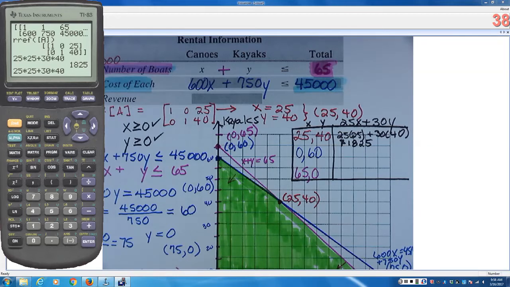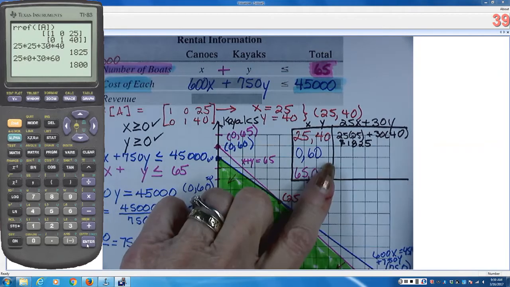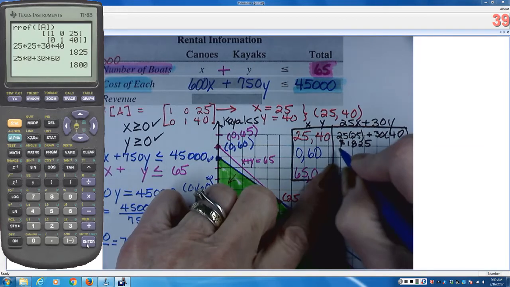If I use the point (0, 60), I have 25 times 0 plus 30 times 60, and that gives me 1,800.